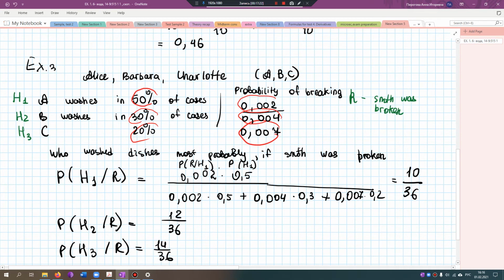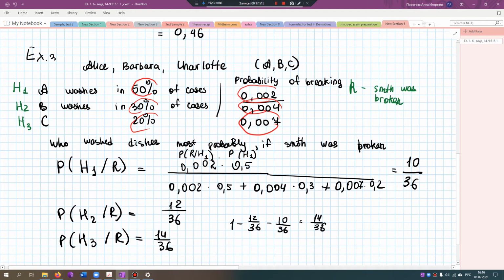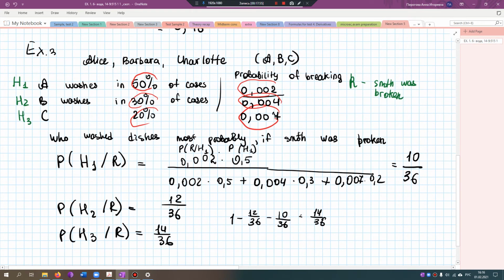To find the last probability, we can just take 1 minus the second probability minus the first probability, and we will receive 14 divided by 36. You don't need to compute this formula again. You may use this one, or you may compute it by the Bayes formula.